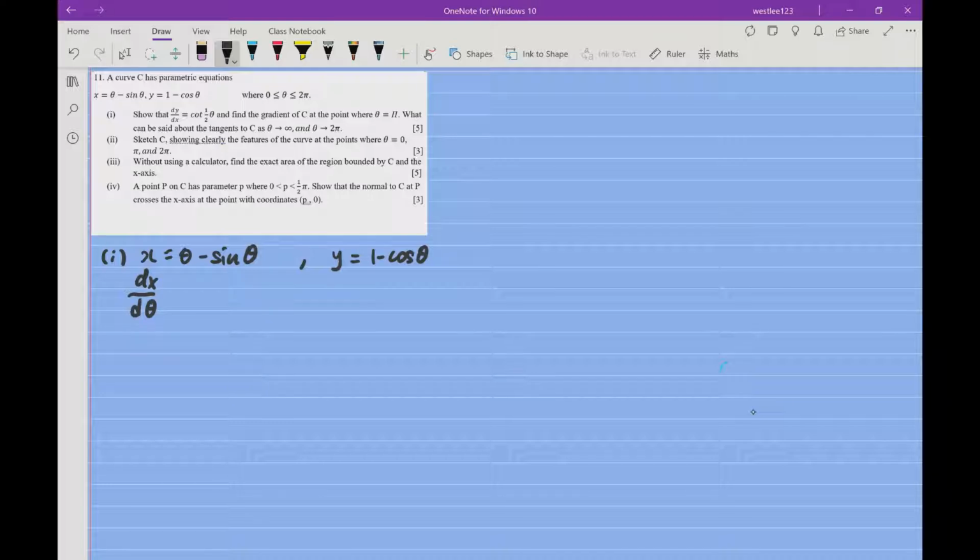Differentiate the first equation with respect to theta, you have 1 minus cosine theta. Differentiate the second equation with respect to theta, you will have sine theta. Your dy dx will be dy d theta over dx d theta.